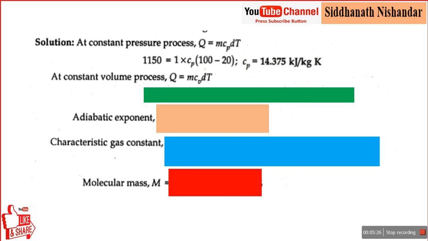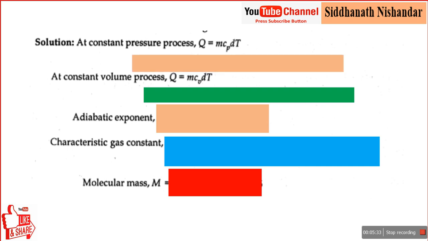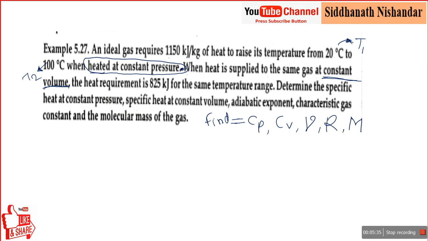The mass of gas is 1 kg, and they ask for Cp and Cv, the specific heats. Why am I taking mass as 1 kg? Because the ideal gas requires 1150 kilojoule per kg, which is per unit mass. For unit mass, they mention the heat. So we understood here.